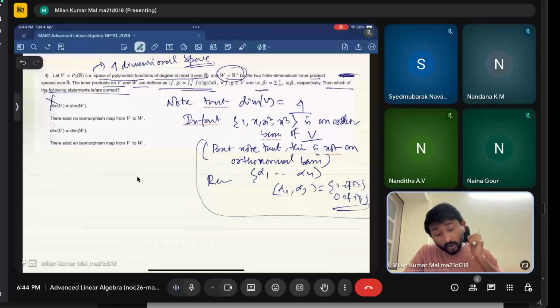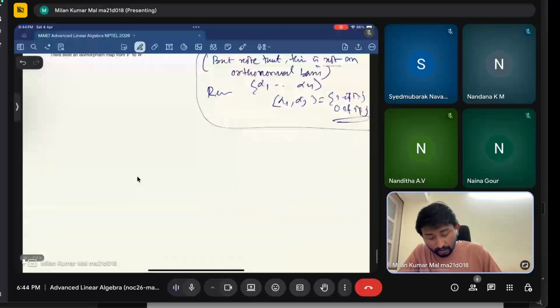Okay. There exists no isomorphism map from V to W. There will always exist an isomorphism map if we have two finite-dimensional spaces. There is a theorem I can mention, maybe not completely.